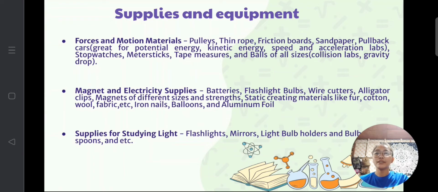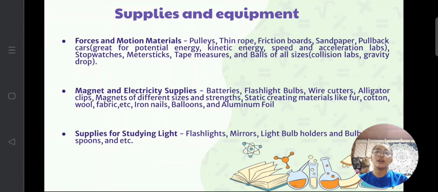So the magnet and electricity supplies are batteries, flashlight bulbs, wire cutters, alligator clips, magnets of different sizes and strengths, static creating materials like fur, cotton, wool, fabric, and balloon, aluminum foil.